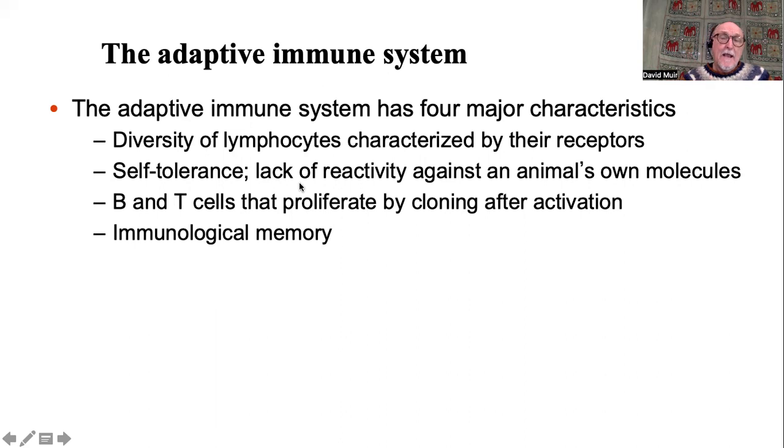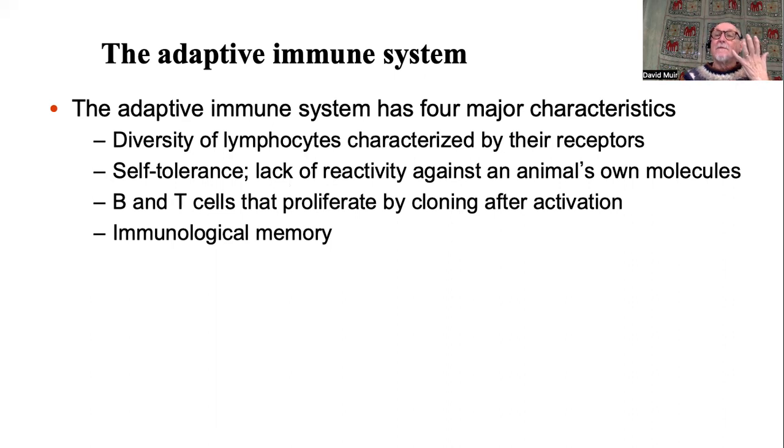The second thing, it's very dangerous for the immune cells to begin to react against our own tissues. They have to be able to distinguish between cells which belong to us and are normal and natural, and cells which do not belong to us, which are foreign, or cells which have changed their nature and may become tumorous or cancerous.